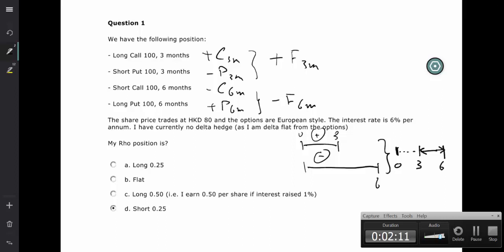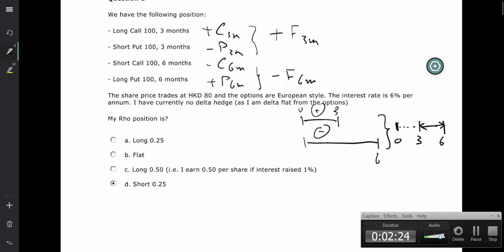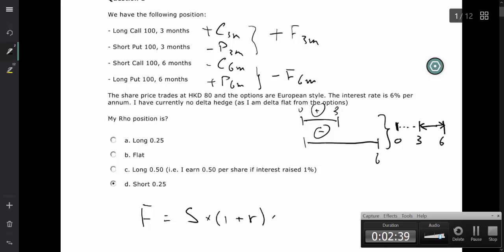Now the definition of rho is what happens when interest rates go up by 1%. How does that affect your position? You have to remember that the forward is, using the simple version, equal to the spot times the interest rate multiplied by time.